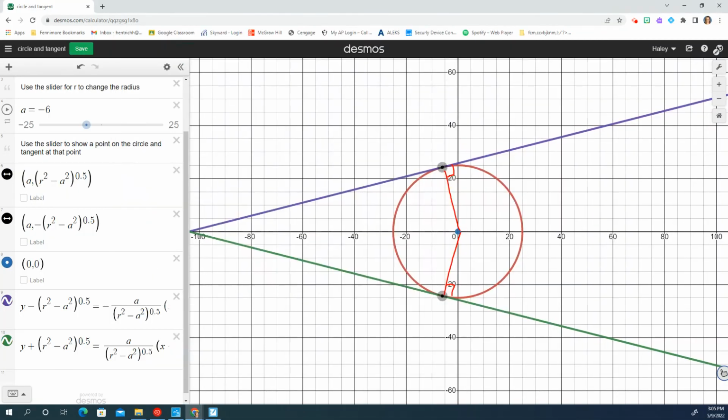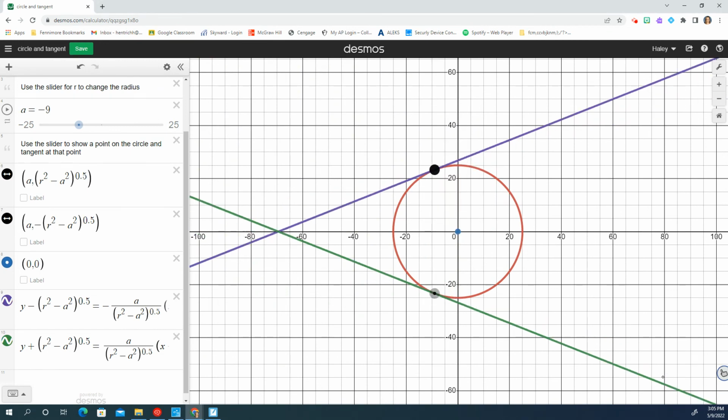All right, so let's take a look at this on Desmos. So what this is saying is, exterior point somewhere outside the circle, and it has a line that's tangent to the circle, like the purple line, and another line that goes through that point that's tangent to the circle. They're telling you this distance is going to be the same. Which, again, we can kind of visualize that here.